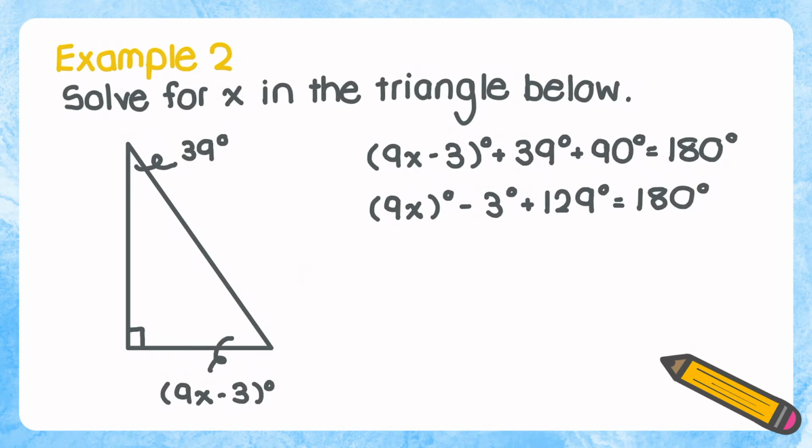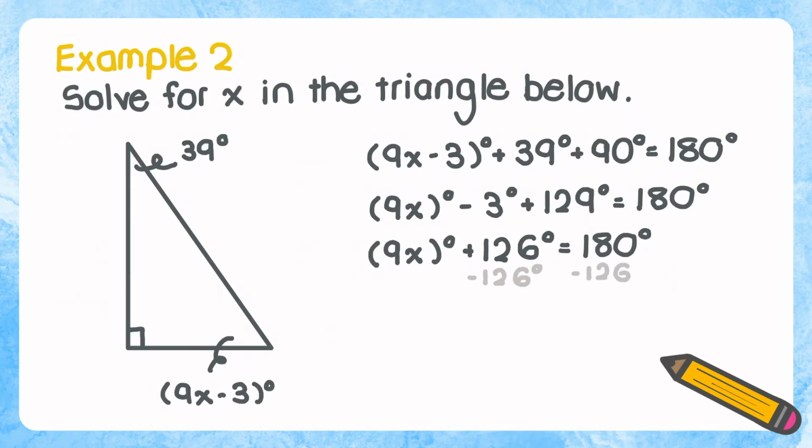And then in the next step, let's combine the negative 3 degrees plus 129 degrees. That's going to be plus 126 degrees. And our next step is to subtract both sides by 126 degrees. We're trying to isolate the x.